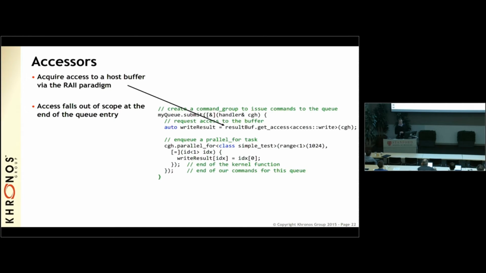And obviously that write access ends here, and that means that the runtime system can do asynchronous task dependencies based on read and write access to particular buffers at particular times. And that access falls out of scope at the end. So by the time the host code here runs, this is what I mean by it being a standard host compiler, by the time the host code finishes running that block, it has constructed this task and all its dependencies and put it on the underlying OpenCL queue and constructed all the event dependencies effectively, transparently to the user.